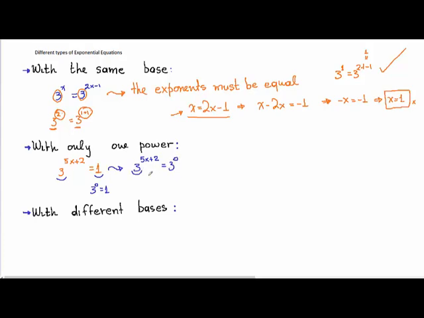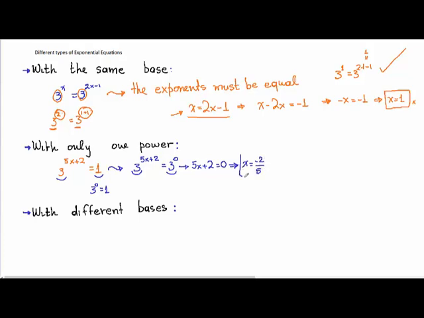Now what did I do? I managed to write my equation as an equation that has the same base for the powers on the left and right. Now I can follow the steps that I did for the first set of equations, and I can say that 5x plus 2 is equal to 0. Solve for x, and this will be the solution for my initial equation. So x will be equal to negative 2 over 5.